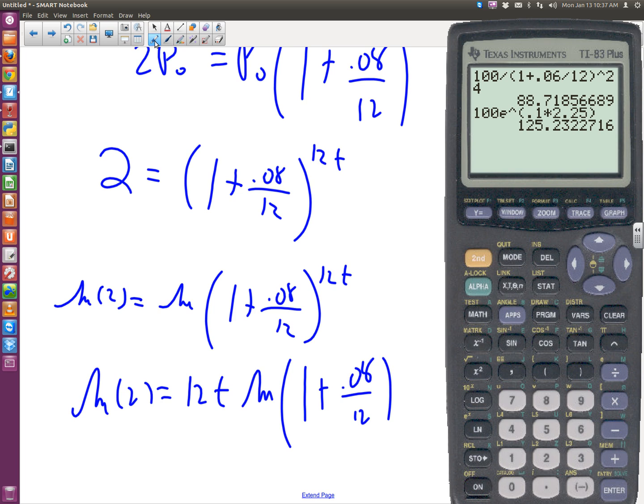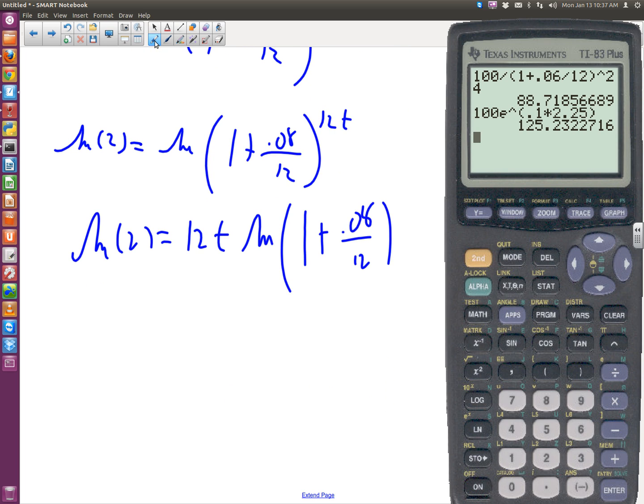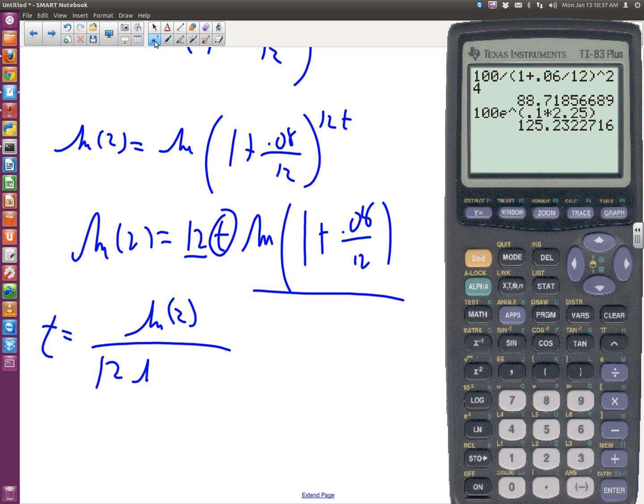All right, you're almost there. How do you get t alone? Divide by 12 and divide by the ln, right? So divide by 12 and this stuff. It's just a number. So t is ln of 2 divided by 12 times the ln of 1 plus 0.08 over 12.